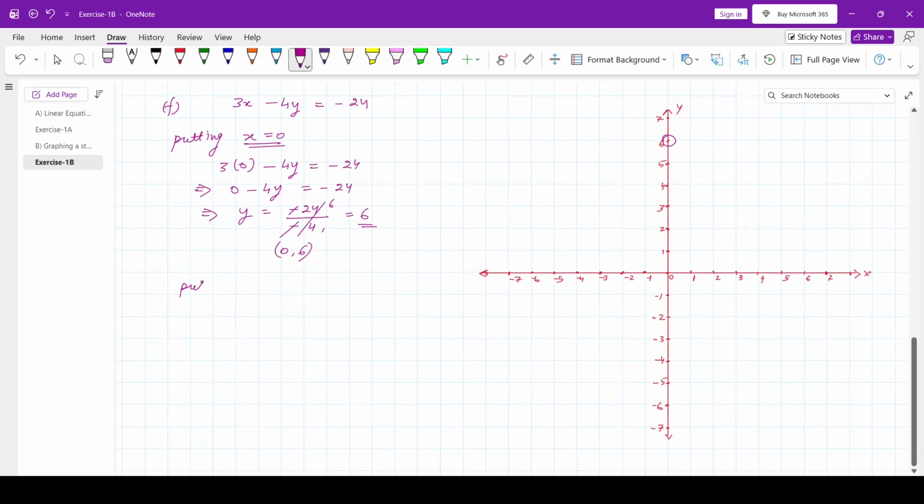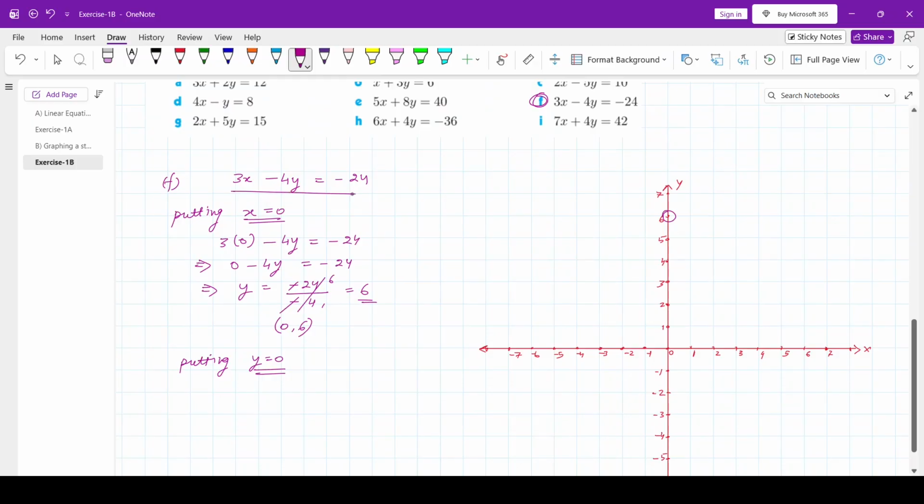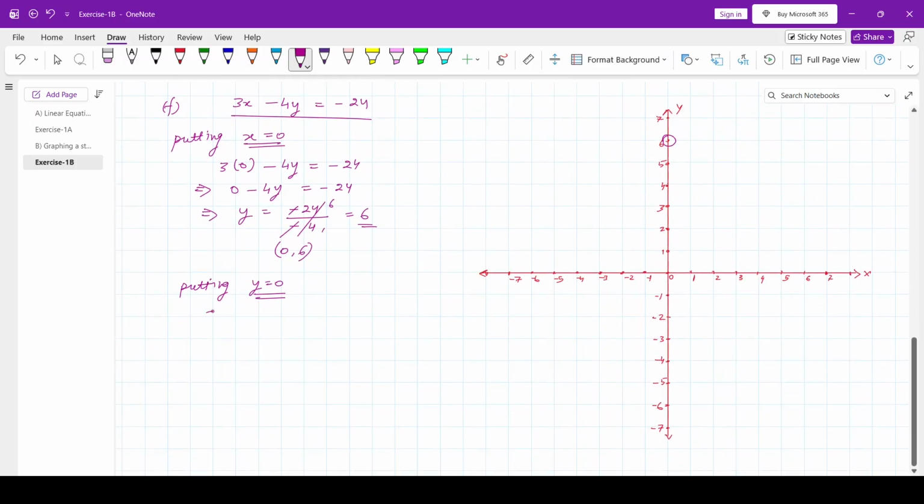Similarly, putting y is equal to 0 in the same equation here we get 3x minus 4 into 0 is equal to minus 24. That gives us 3x is equal to 24, and x is equal to 24 divided by 3, that is 8.